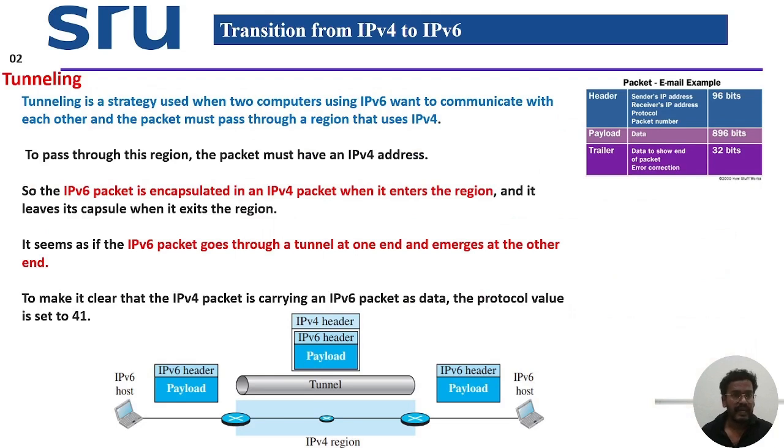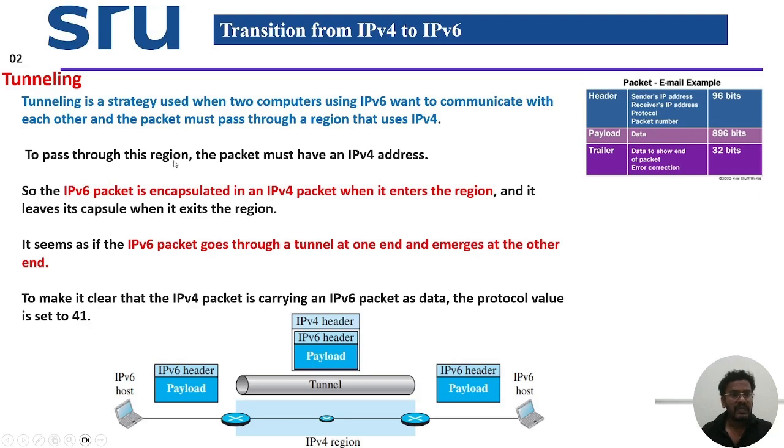So then the second category is tunneling methods. Tunneling is a strategy used when two computers using IPv6 want to communicate with each other, and the packet must pass through a region that uses IPv4. For example, here the two hosts are in IPv6 networks, and the packet must pass through the IPv4 region.